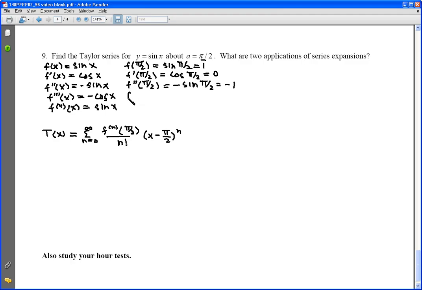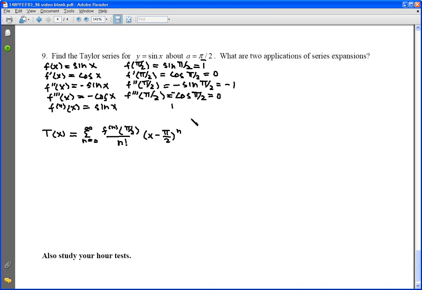And then f triple prime at pi over 2 is negative cosine pi over 2, which is still 0. And then it goes back to the 1, because this is sine x, so it would be sine pi over 2, which is 1 again. So your pattern is 1, 0, negative 1, 0, 1, 0, negative 1, 0.